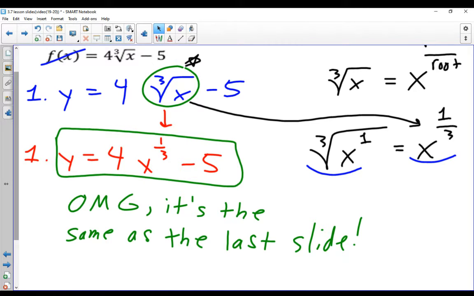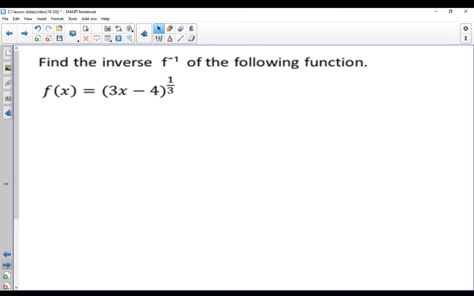And my job is done. All right, so that was a really nice one. And believe it or not, there'll be some other examples like that where you can just rewrite it like this and solve it just as it was. But for now, let's move on to some more examples.